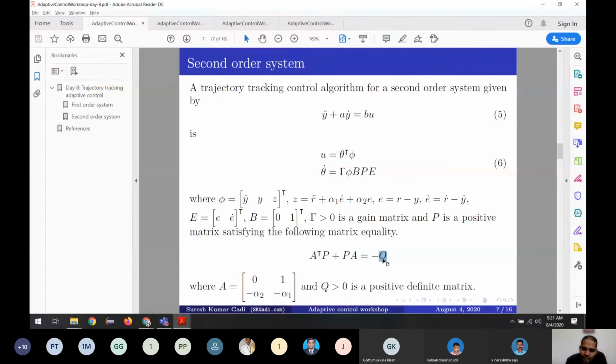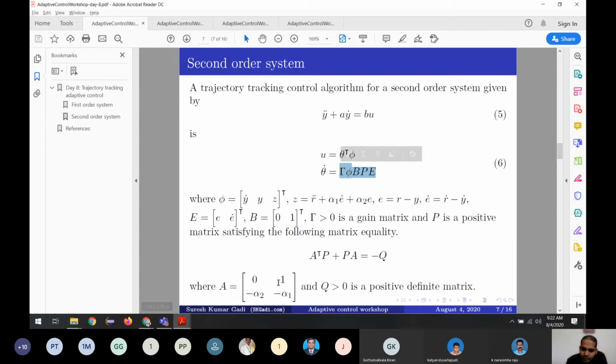We can give Q the identity matrix, 1 0 0 1, which has all its eigenvalues positive. So this condition is satisfied. So A times P plus P times A is equal to minus identity. You already know the A value, so you can find the value of P. That's how we are going to calculate P, and we use it inside this equation.